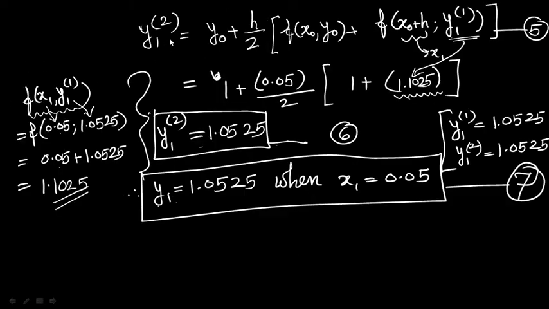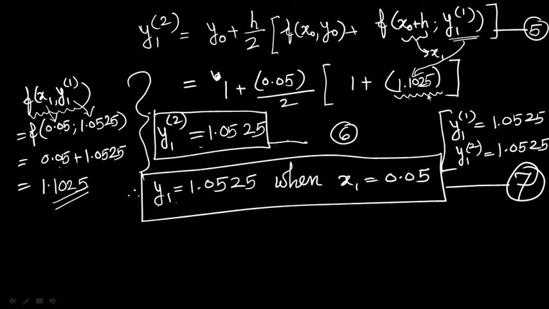Now y1(2) equals this formula, here f(x1, y1(1)). Here this is the change, therefore we find the value of f(x1, y1(1)). x1 is 0.05, y1(1) is 1.0525. Its value is 1.1025.